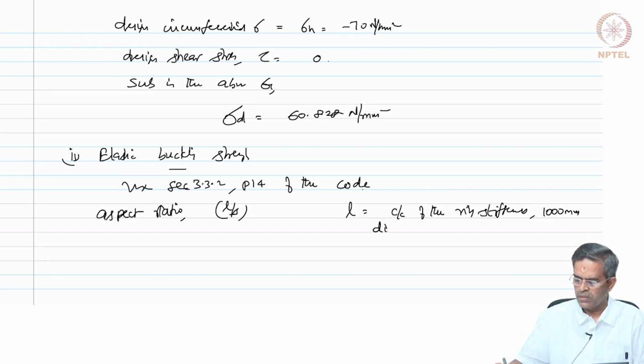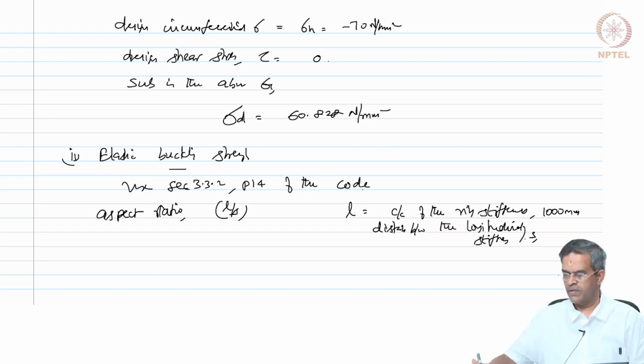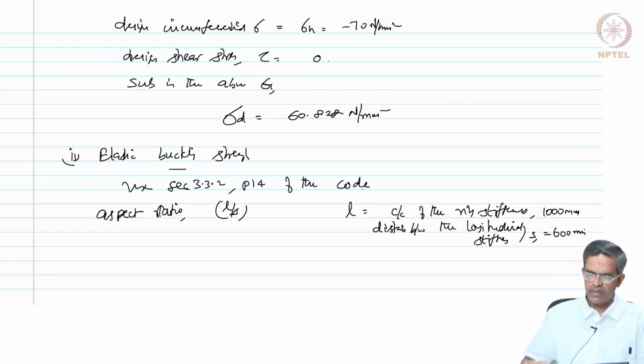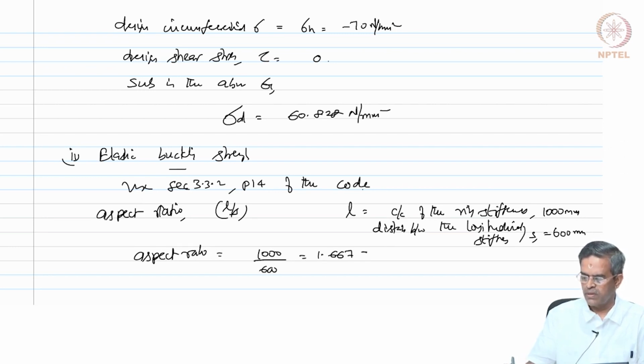Now, the distance between the longitudinal stiffeners we call S, which is 600 mm. So, the aspect ratio in our case is 1000 by 600, which is 1.667, which is greater than 1.